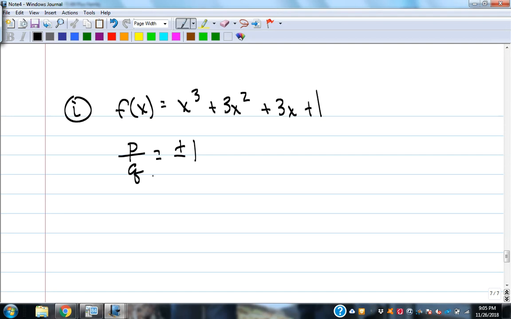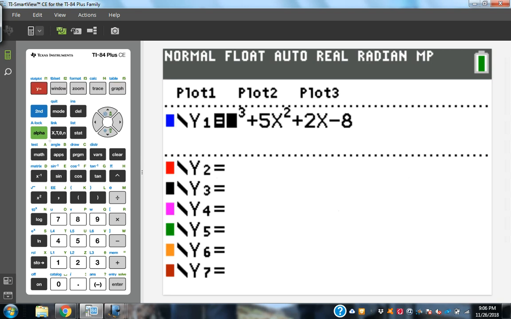Okay. Now, what I want to do is figure out what to use for my synthetic. So I'm just going to graph the thing. X cubed plus 3x squared plus 3x plus 1.